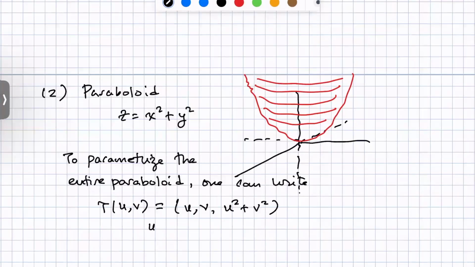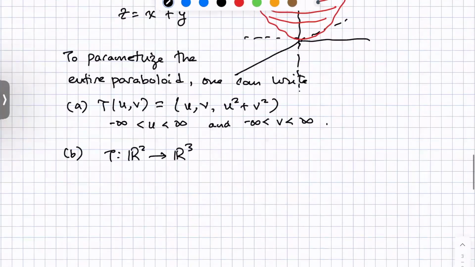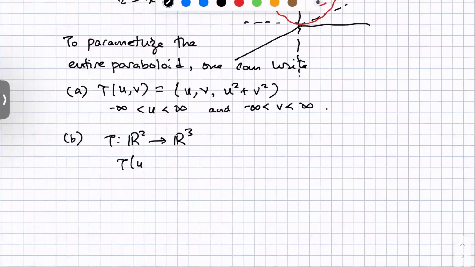And you can write u is between minus infinity to infinity, and v is also from negative infinity to infinity. That's one way that you can write it. Another way to write it is that T is a map from R2 to R3, given by T of u, v equals u, v, u squared plus v squared.